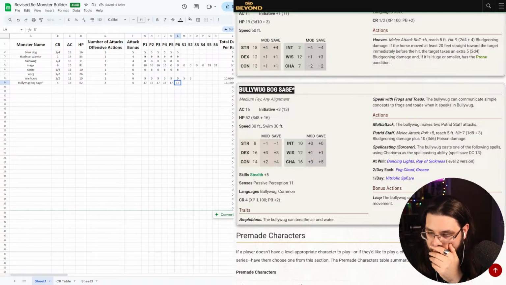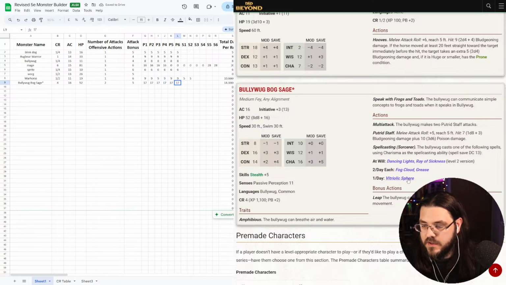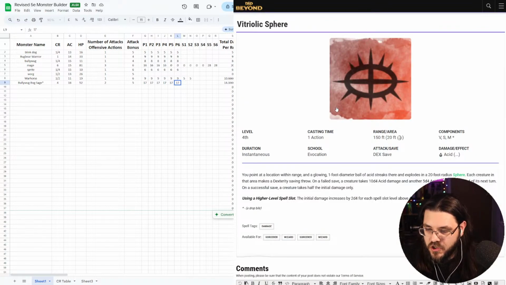And then Vitriolic Sphere. I wish that it still had the hover that would show me. So Vitriolic Sphere makes a dexterity saving throw, takes 10d4 acid and another 5d4 acid. That's an awkward one. So 10 times 2.5 is 25. 5 times 2.5 is 12.5 plus 25 is 37.5.